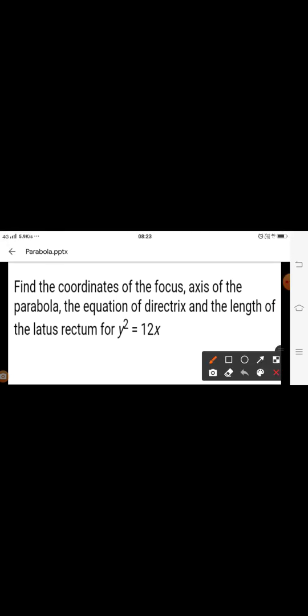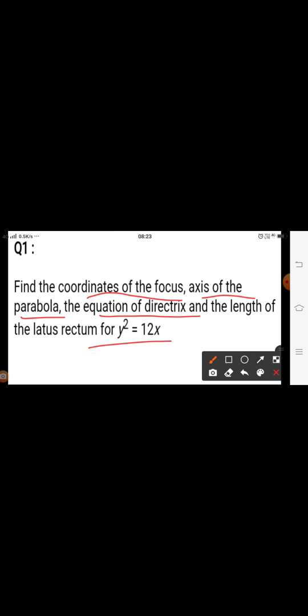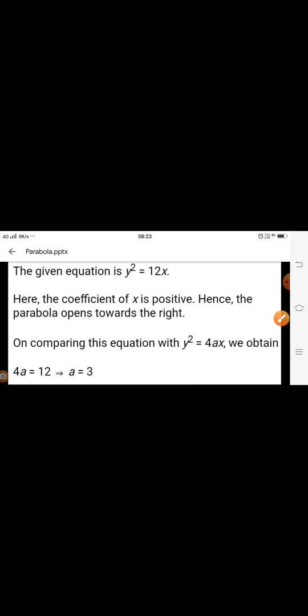Here I am taking question number one. Find the coordinate of the focus, axis of the parabola, equation of the directrix, and length of the latus rectum. If the equation given is y square is equal to 12x, then you have to just compare this equation with the standard equations, the four equations we have.